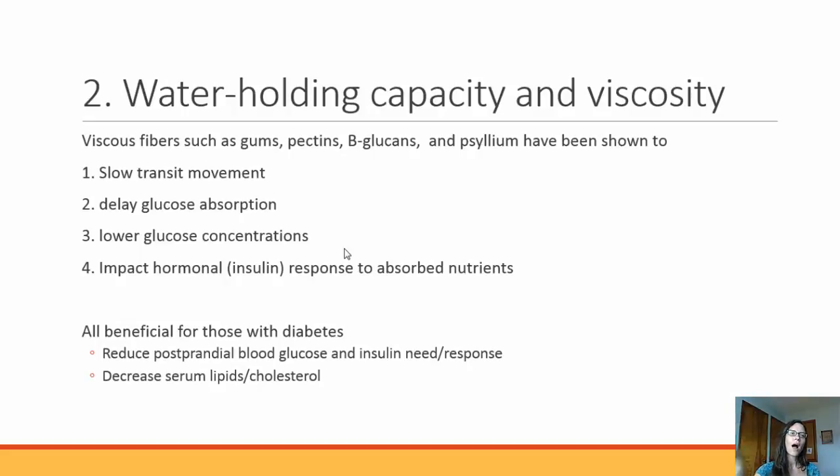And if we go through all of these and think back to the last slide too, where we're delaying gastric emptying, so we're increasing satiety, all of these impacts are beneficial to people with diabetes. If they include these types of fiber in their diet, they'll have reduced postprandial blood glucose and therefore a reduced need for exogenous insulin. And we'll also see why it can decrease cholesterol.